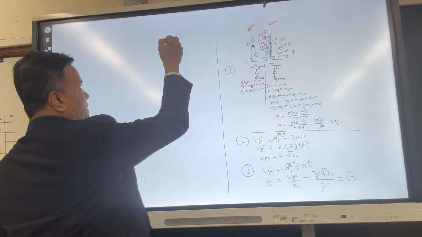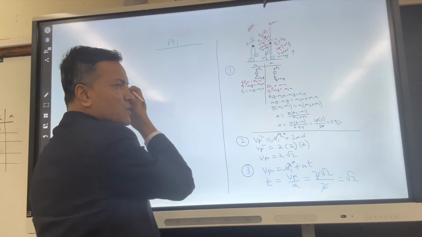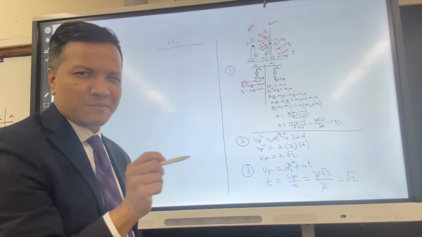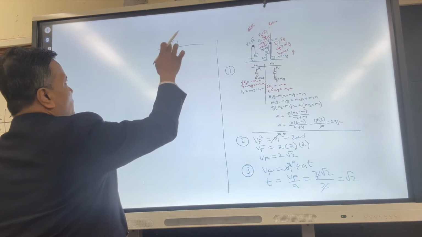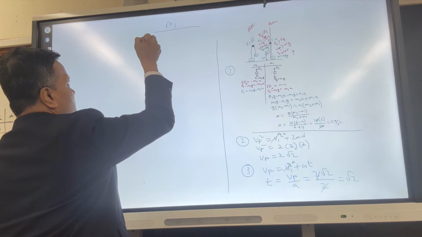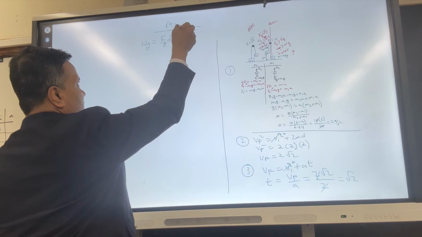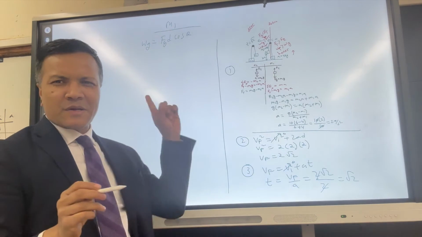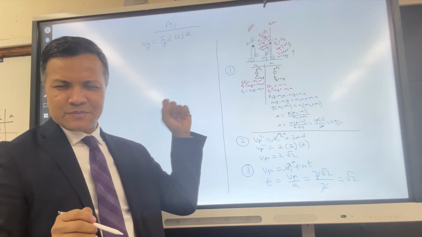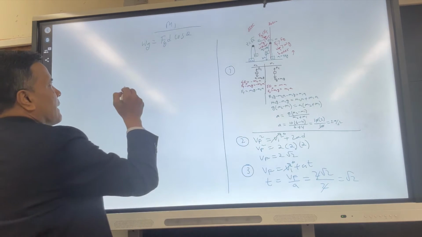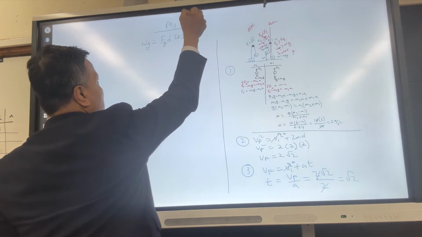So this is mass 1. The first thing we're going to show is the work done by gravity. To find the work done by gravity, you're going to do FG d cosine theta. Who is working? Gravity, FG. Mass 1 is 4 kilograms, remind you.